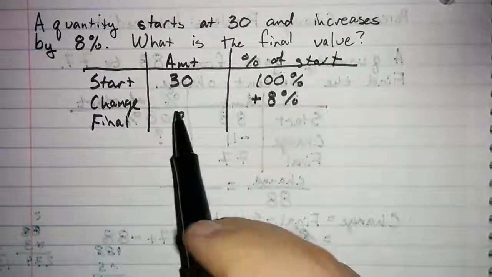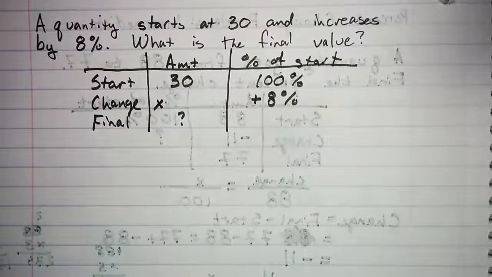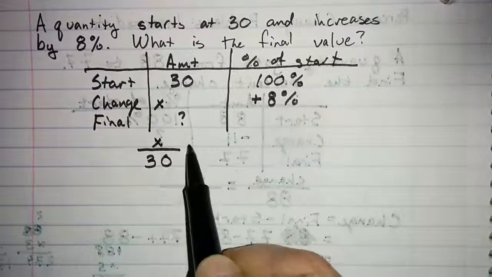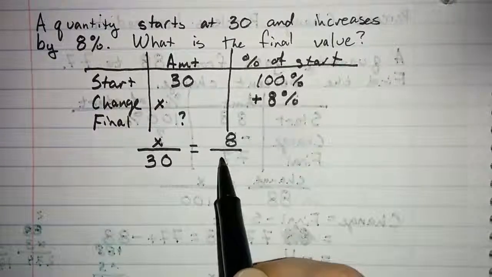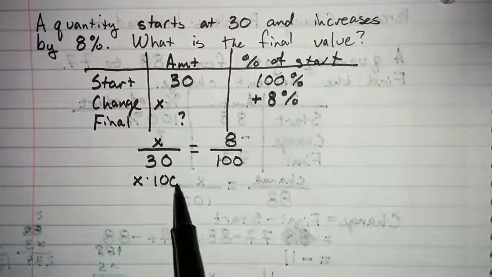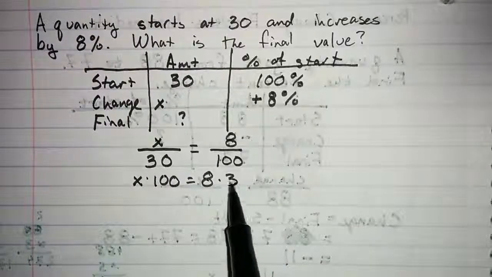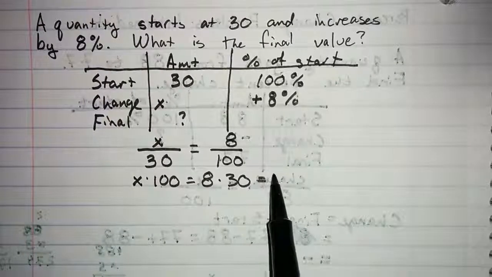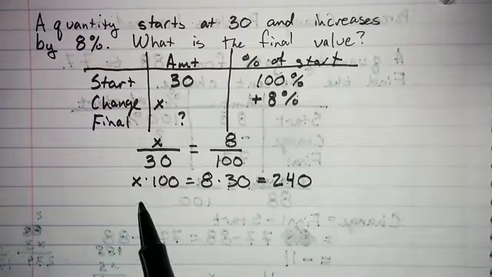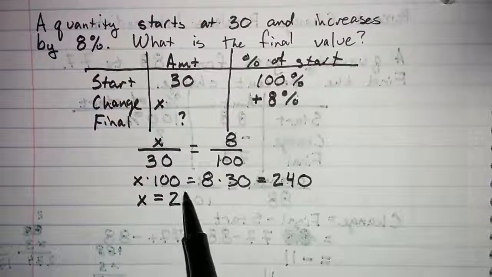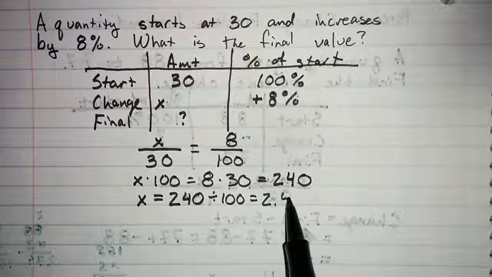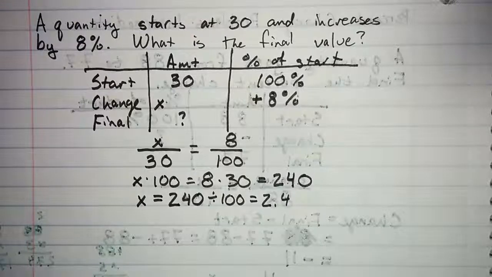So we're going to call this x. X over the starting amount is 8%. Cross multiply, x times 100 is 8 times 30. 8 times 3 is 24, so 8 times 30 is 240. Thus, x is 240 divided by 100, which is 2.40, but I'm leaving off the trailing 0.